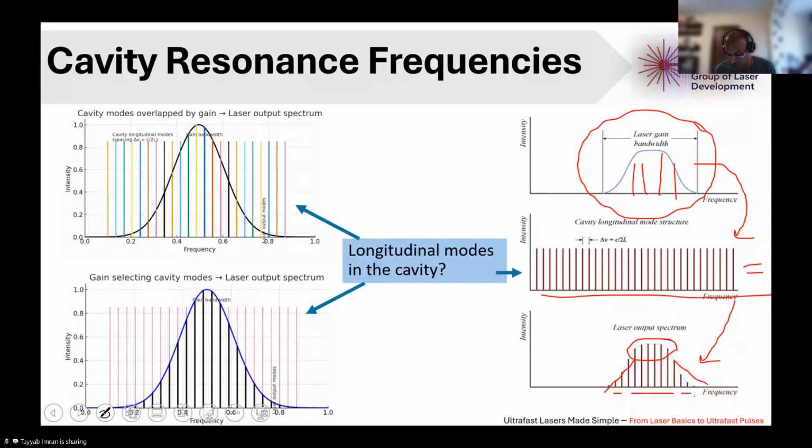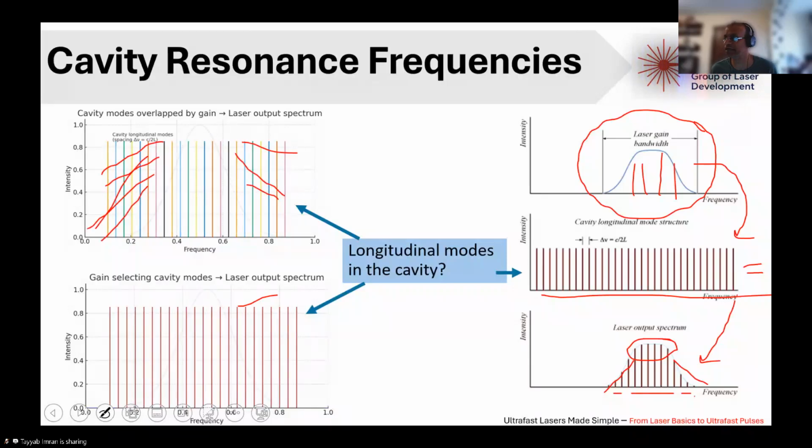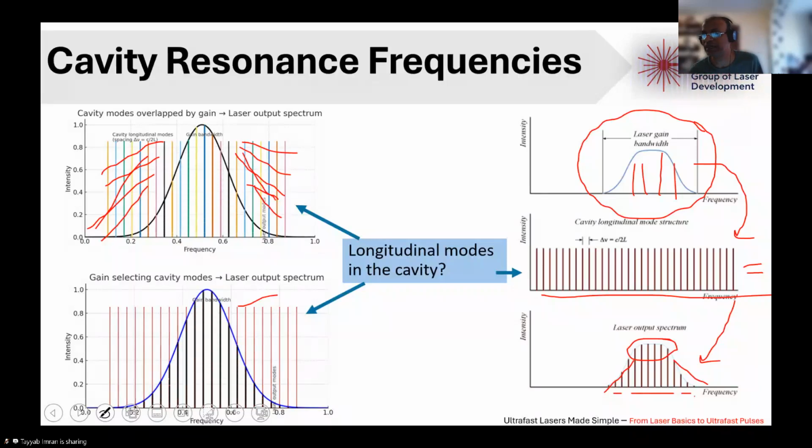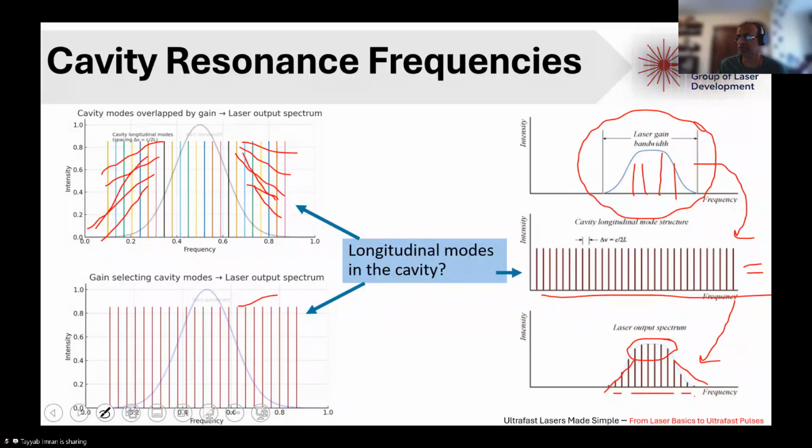Only those frequencies that fit in the gain curve will oscillate and be amplified. The rest of the frequencies will not oscillate. They will be there in the cavity, but they will not be amplifying or contributing. They may cause noise, but they do not come out in any case.